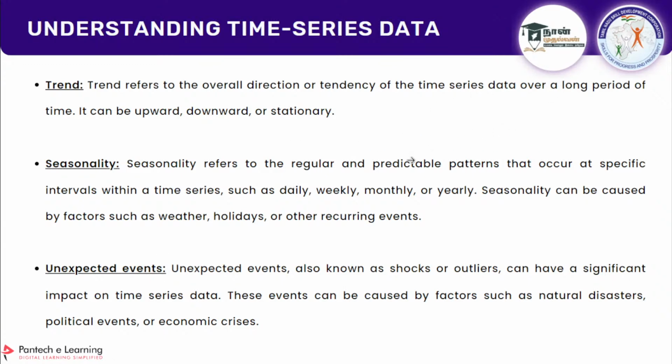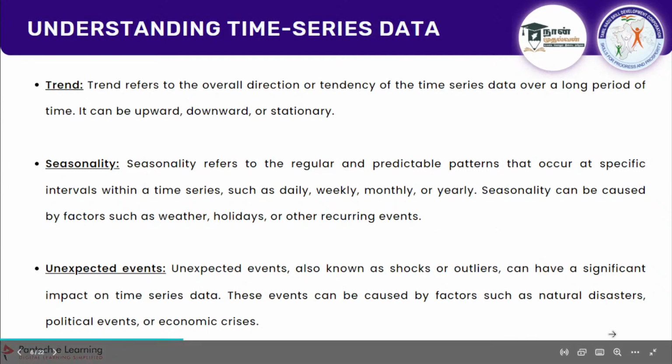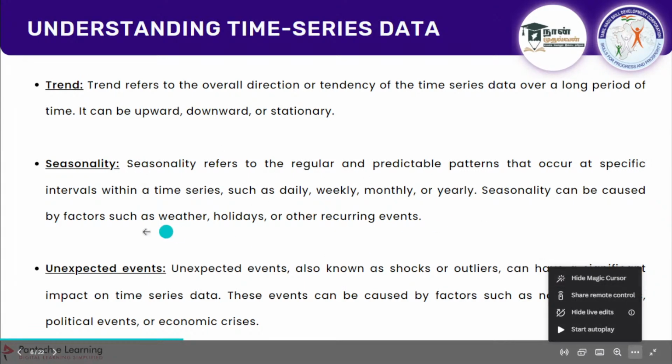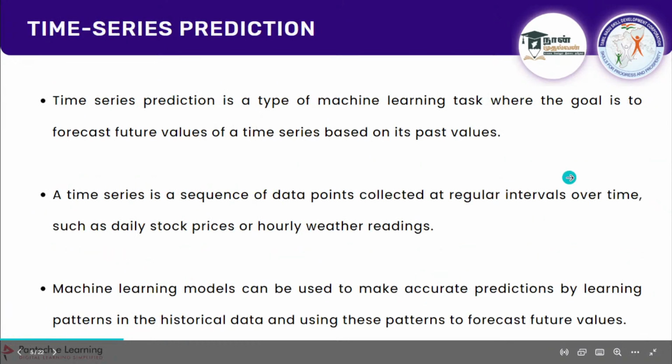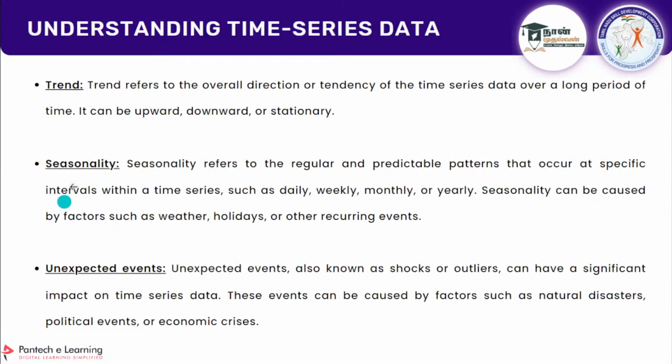That is called an upward trend, which means it is increasing. Or it is downward: it started high, but as it keeps going, it is coming down. That's a downward trend. Or if it is stationary, it is not having any overall increase or decrease, it keeps increasing and decreasing but stays along the same line. This is called trend. Understood about the term trend?